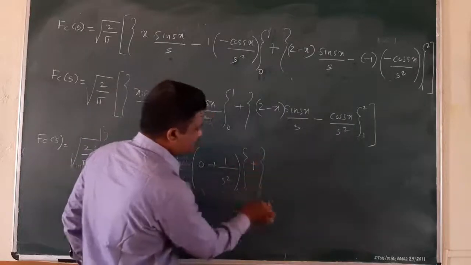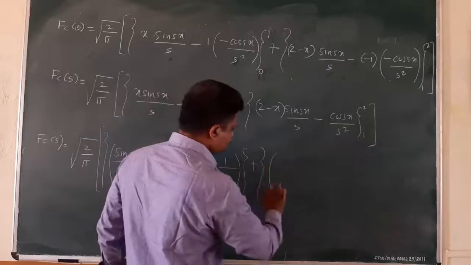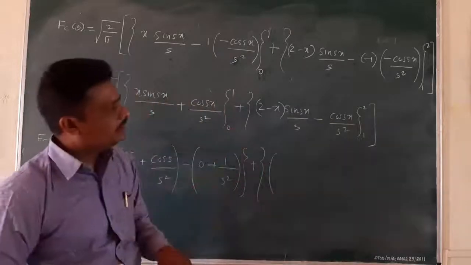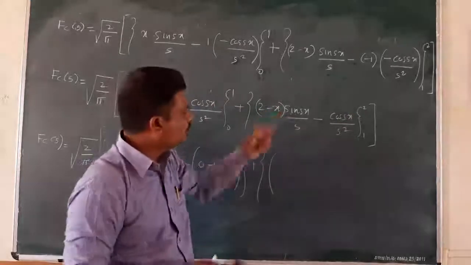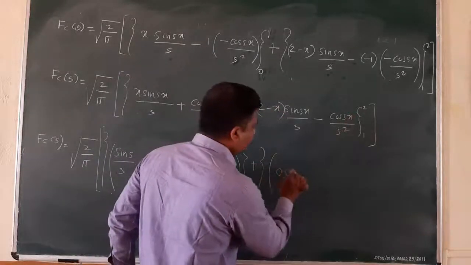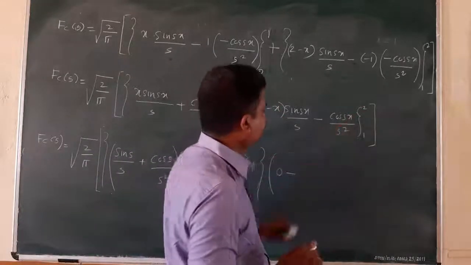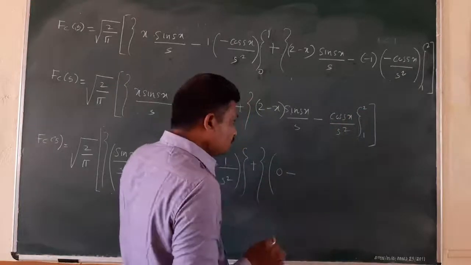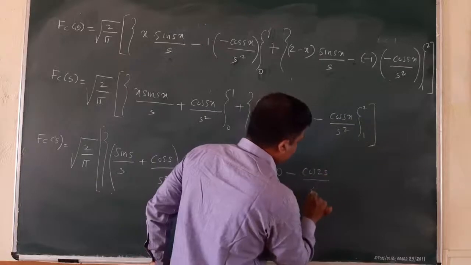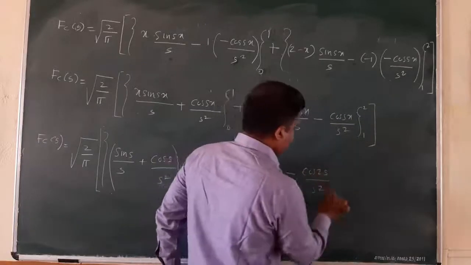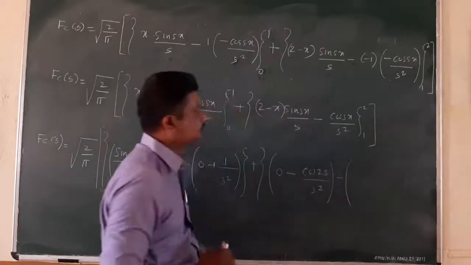Plus second part. So upper limit is here 2. 2 minus 2 is 0. 0 into any number is 0, minus, here it becomes cos 2s upon s square, minus lower limit.